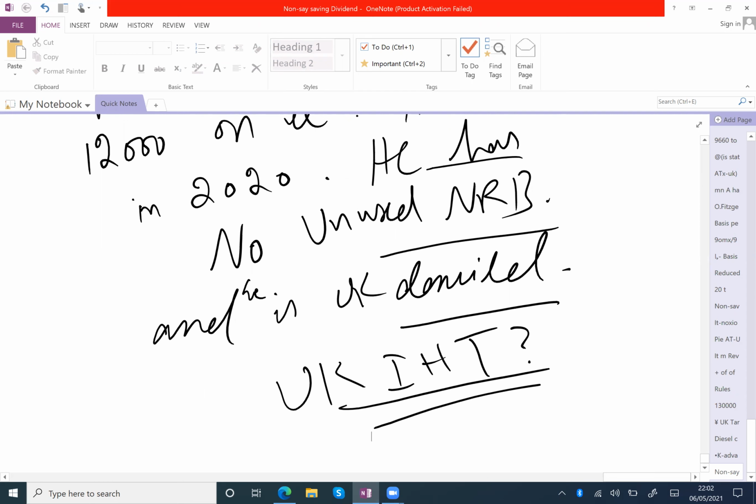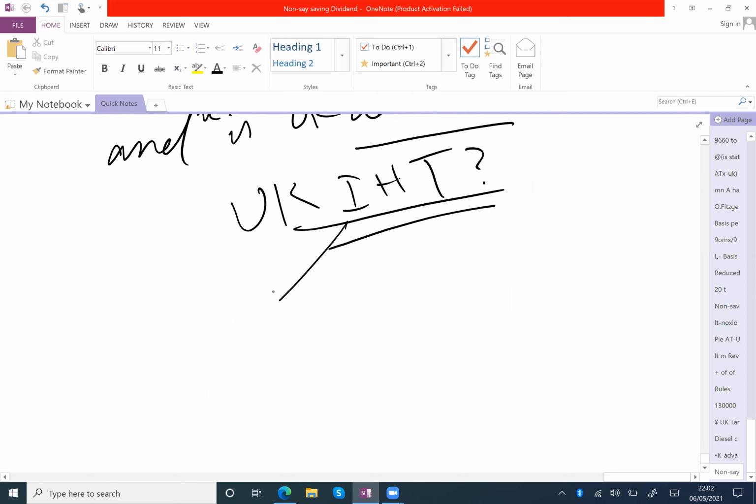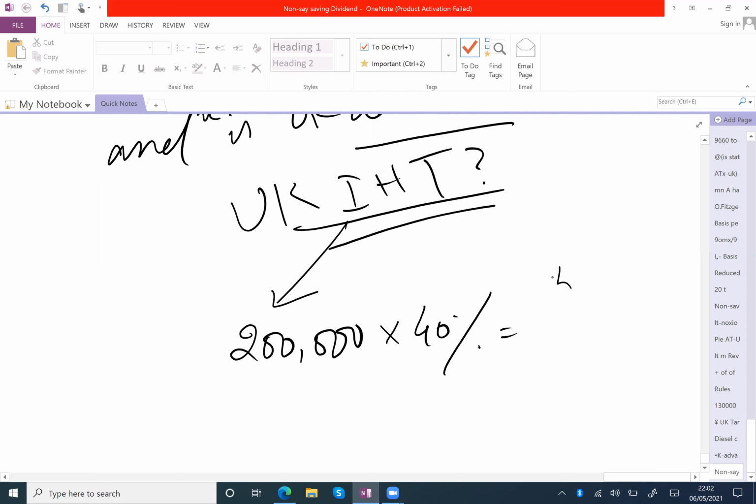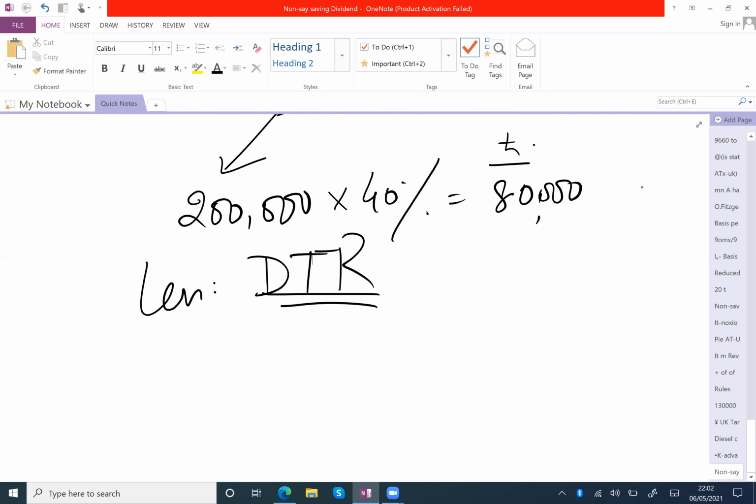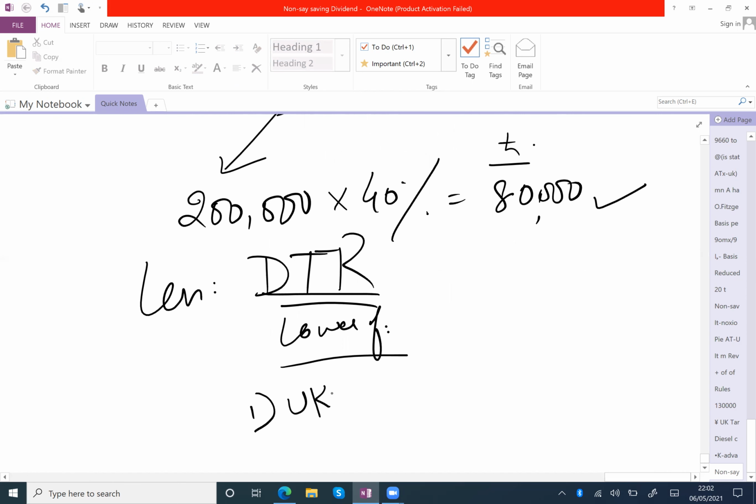And this person has died, so how to pay the UK IHT on this overseas asset? Overseas asset worth is 200,000, and the nil rate band is already consumed, so apply the 40% death tax rate. So what is IHT? 80,000, and this IHT will be reduced by the DTR relief. Why? Because on this asset you are paying overseas tax and now UK IHT. So our DTR is the lower of: number one, UK IHT on that asset, you are paying 80,000 IHT on this asset in UK.